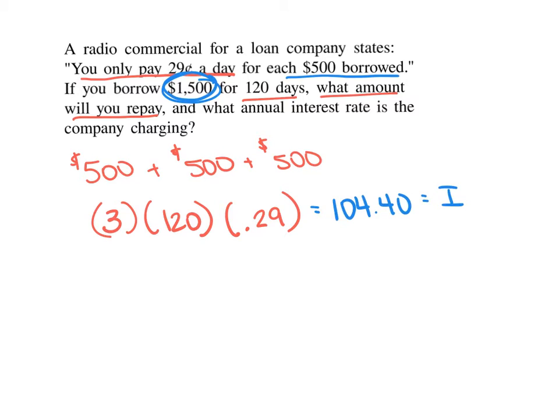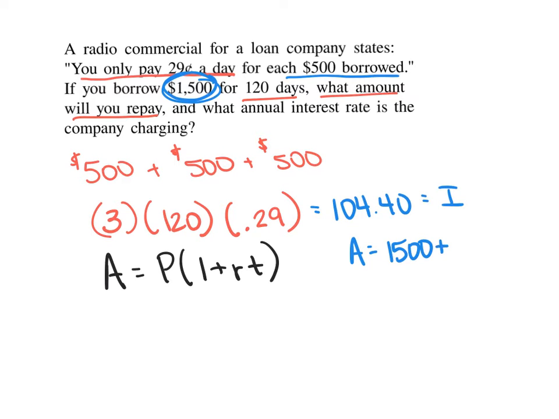Well, we know that A is equal to P times 1 plus RT. And in this particular thing, we just found the new A. Here's how we find A. A is equal to the 1,500 you're borrowing plus the $104.40 you have to pay in interest.